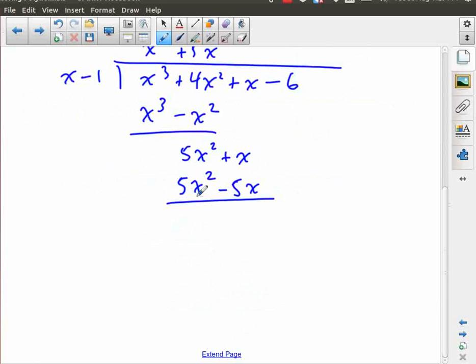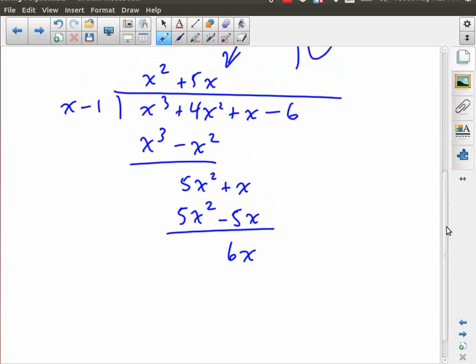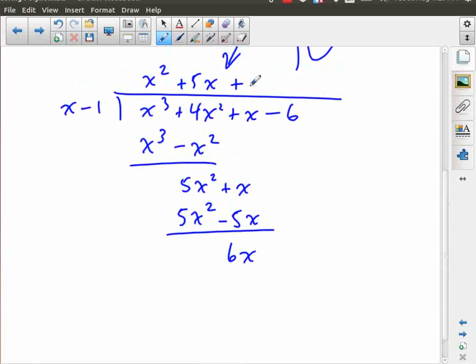And then subtracting that gives me 0, and this gives me 6x. And then plus 6. 6 times x is 6x. 6 times negative 1 is negative 6. I'm going to bring this one down. That becomes minus 6. And as you can see, those are the same. And I end up with a remainder of 0, which I should have gotten.